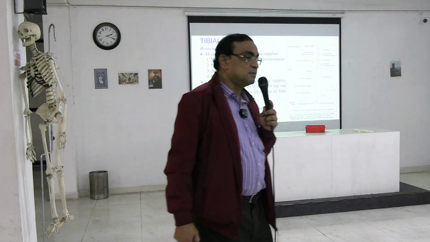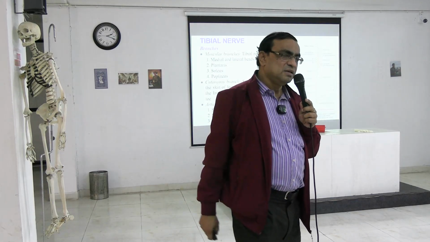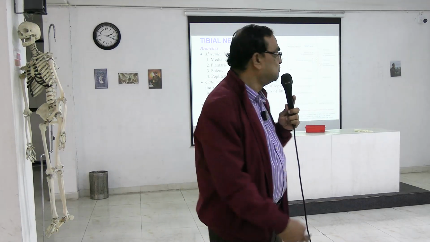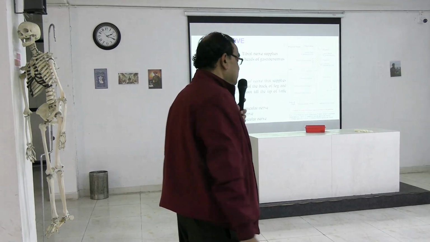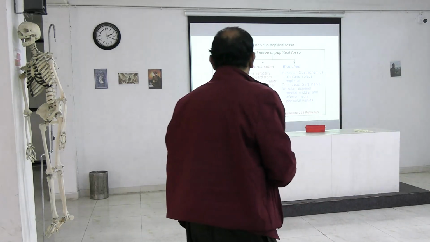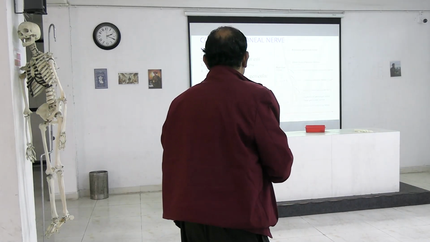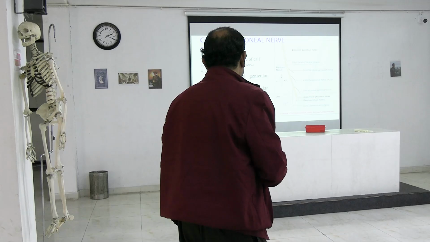So medial genicular, medial upper genicular, medial lower genicular, middle genicular, these are the branches. But the lateral genicular branches are actually coming from the common peroneal nerve. You can see the common peroneal nerve, which ultimately divides into superficial and deep at the neck of the fibula.